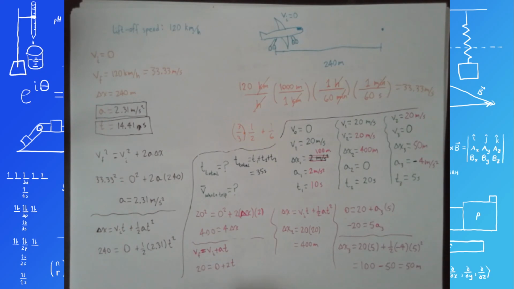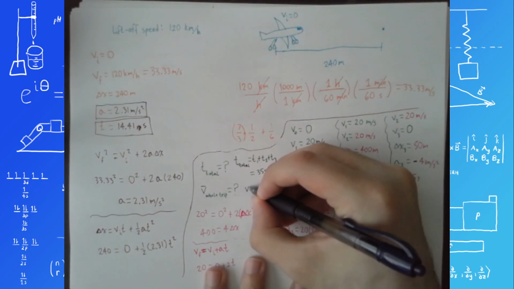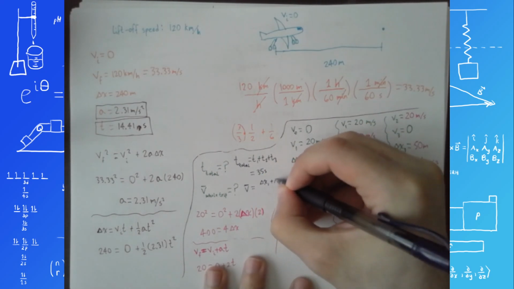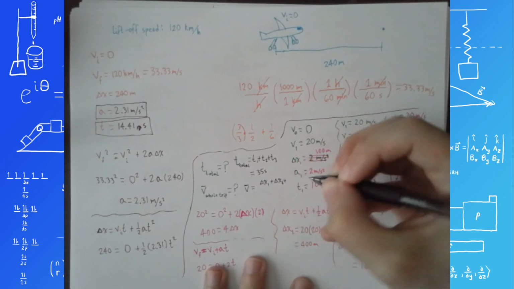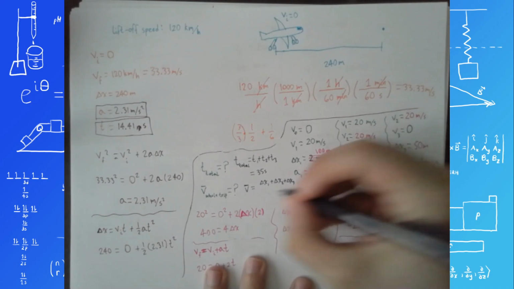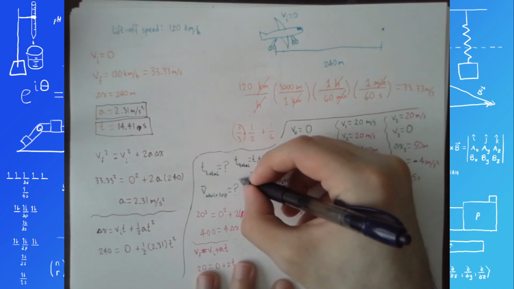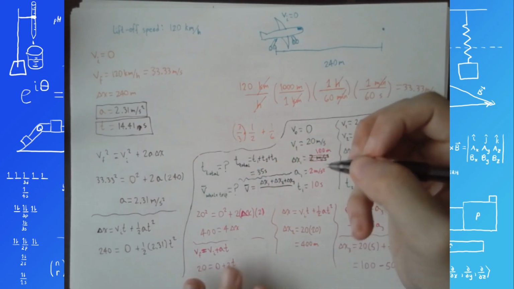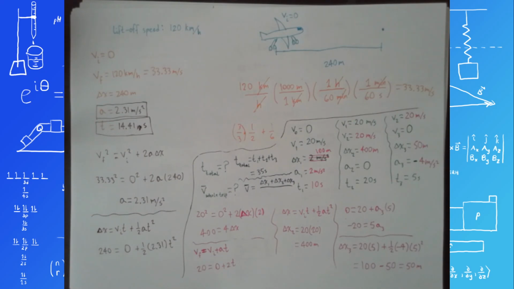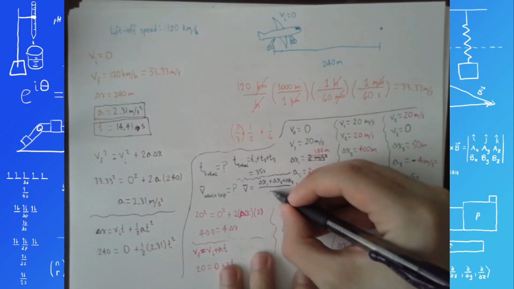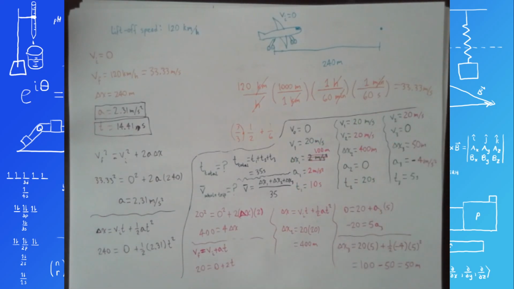And then for the average velocity, we would need the total displacement, which is delta x1 plus delta x2 plus delta x3. Since they're all in a horizontal direction, I can just directly add them. I don't need to worry about Pythagorean theorem or anything like that. That's for 2 dimensions. If we're working in 1 dimension, simple addition and subtraction works. And then divided by the total time, which oh so conveniently is the first thing they asked us for. So divide by the 35 that we got earlier.